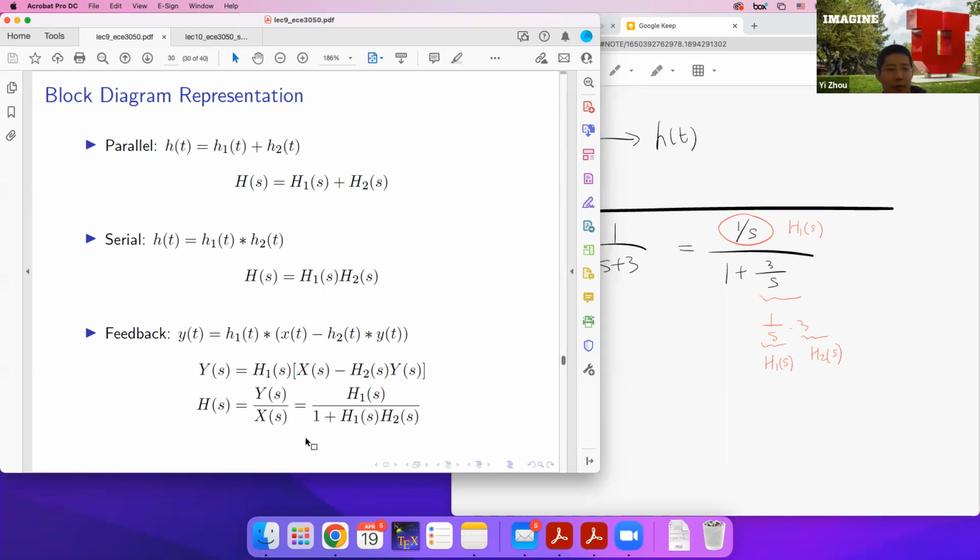And we have seen this type of rational Laplace transform many times, right? The numerator is a polynomial and the denominator is something like 1 plus a constant times another polynomial. So this usually means the system has a feedback, and the system can be decomposed into 2 or more smaller subsystems.